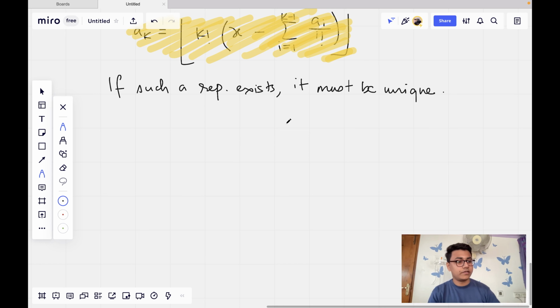Now we will show that such a representation exists indeed, and you will see why we proved the uniqueness part before. Okay, now we will prove the existence.